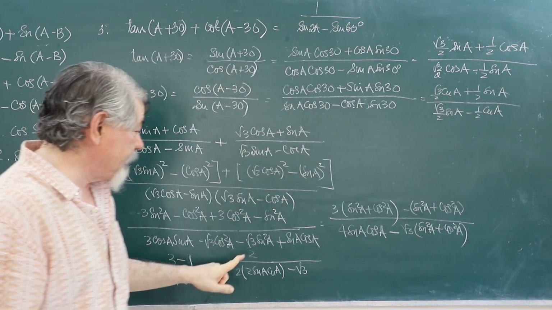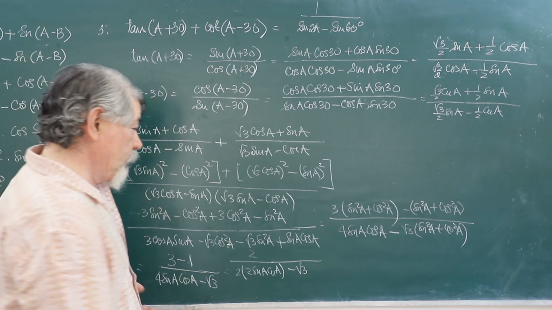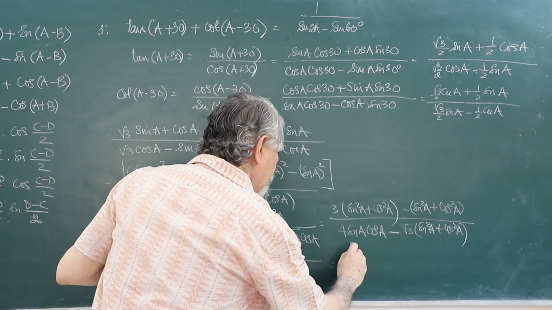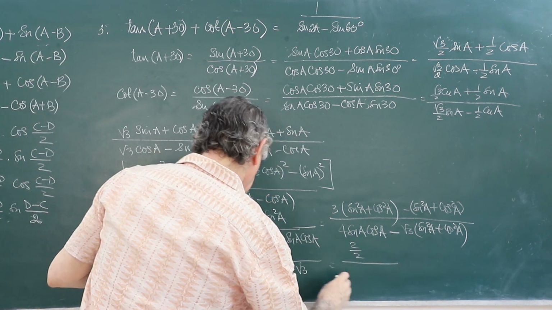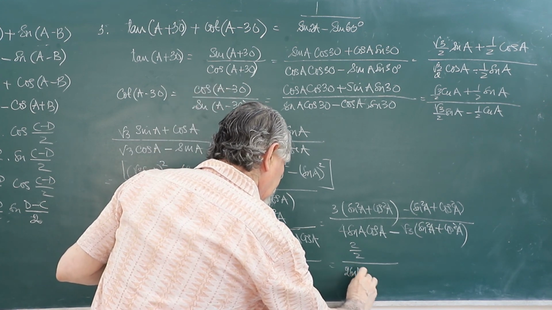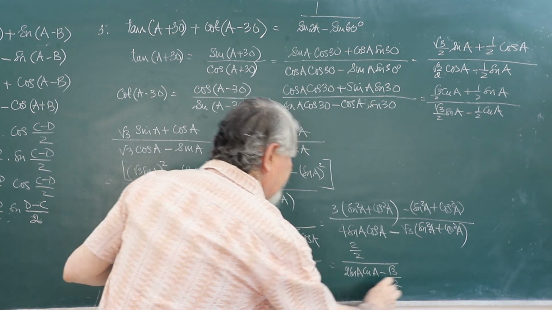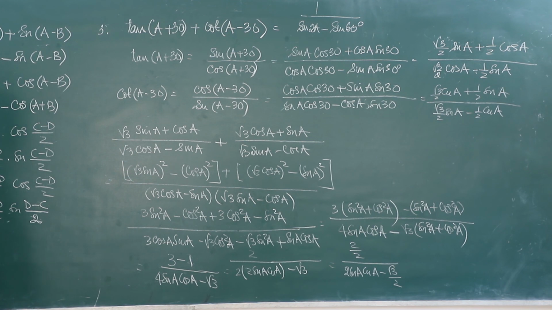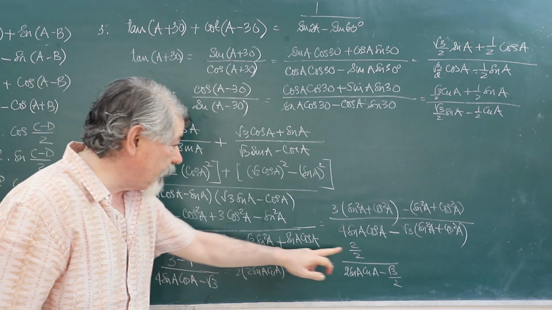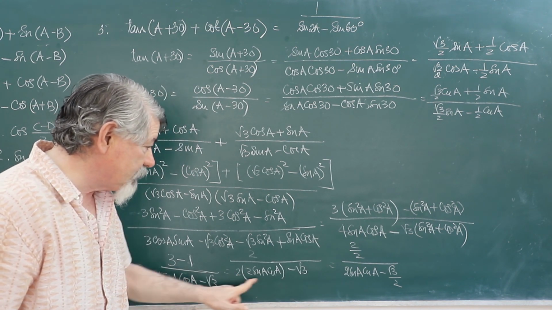I'm getting 2 in the numerator, so I should divide 2 by 2. 2 upon 2 upon, if I divide it by 2, it will become 2 sin a cos a and minus root 3 upon 2. I've divided the numerator and denominator by 2. So when I divide 2 by 2, and the denominator is divided by 2, the 2 cancels and root 3 upon 2 remains.